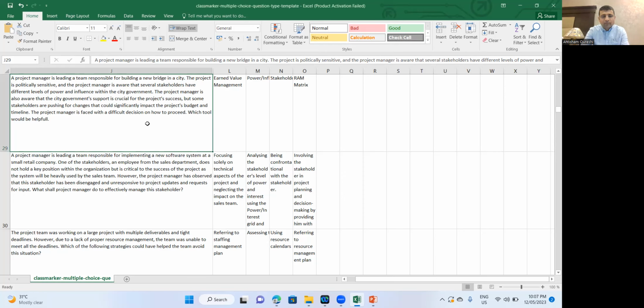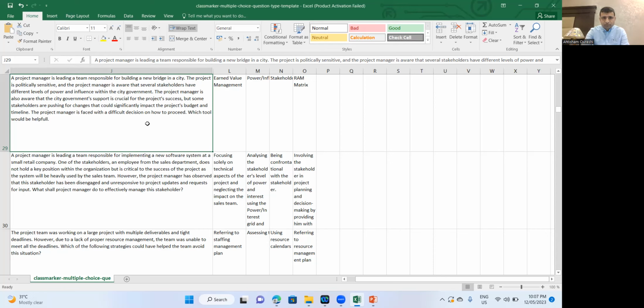A project manager is leading a team responsible for building a new bridge in a city. The project is politically sensitive, and the project manager is aware that several stakeholders have different levels of power and influence within the city government.